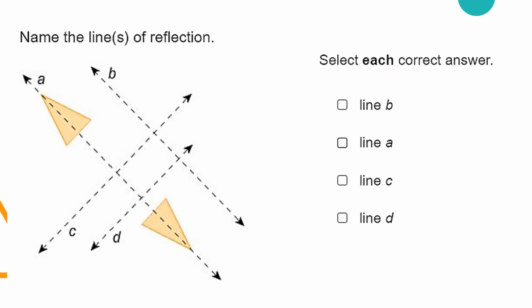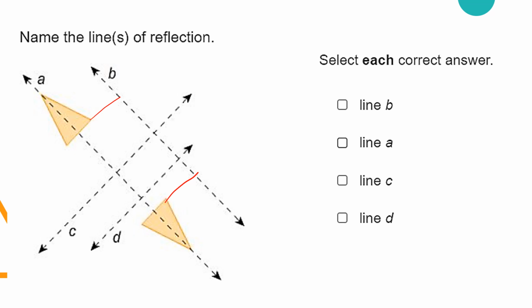Okay, so our two figures are the triangles here. So this is much like the last slide. Lines of reflection, so obviously they need to be reflected or flipped over a line that is the same distance away from both figures. So B, yes, it could be the same distance away from both figures here, right?